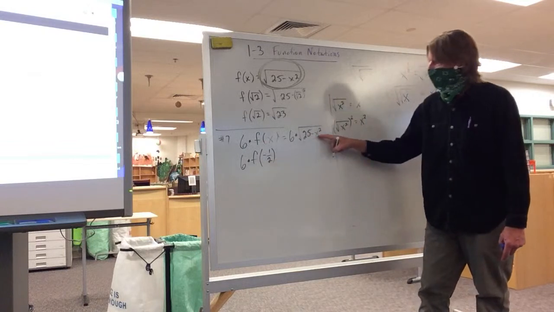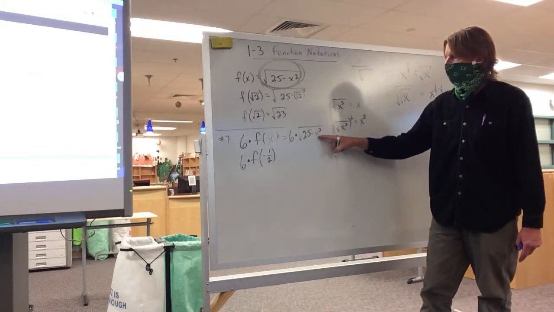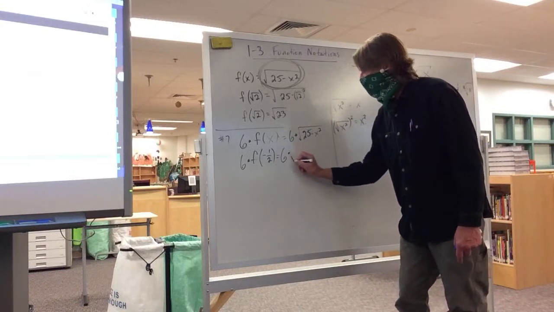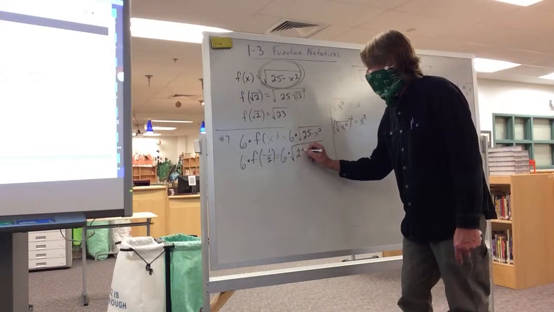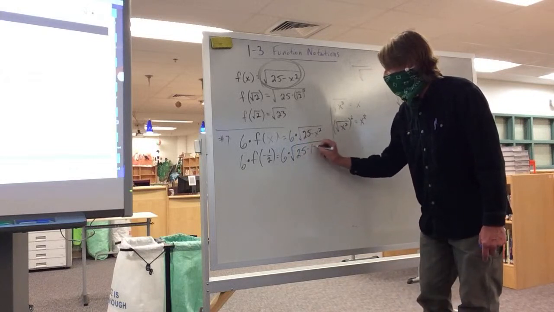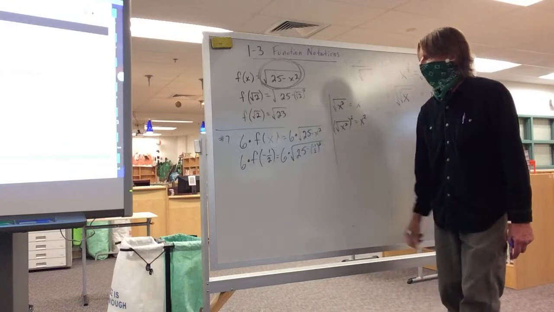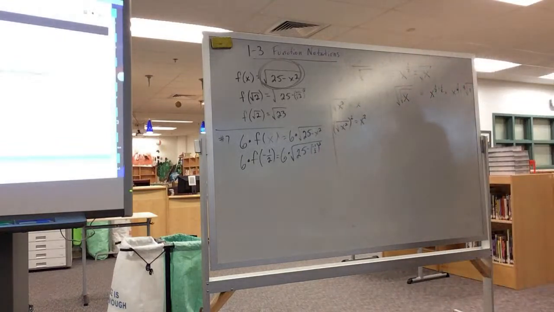Now the -1/2 gets plugged in. So what we can say is this is 6 multiplied by the square root of 25 minus (-1/2) squared. Follow your order of operations and you'll come up with an answer.